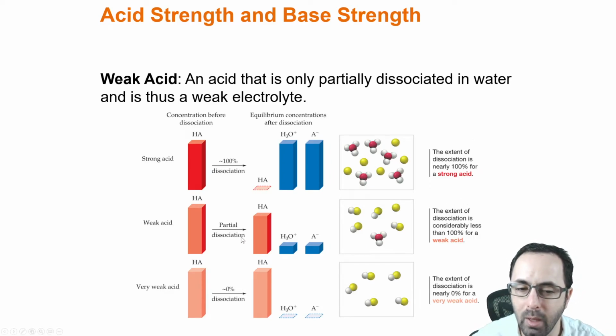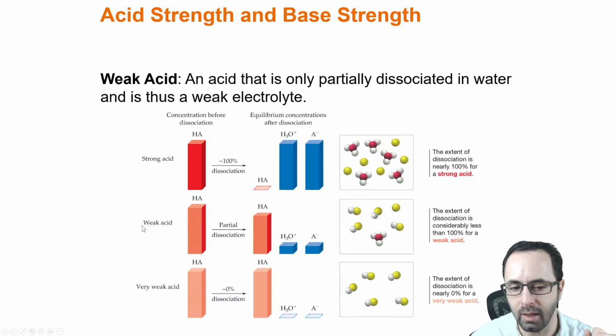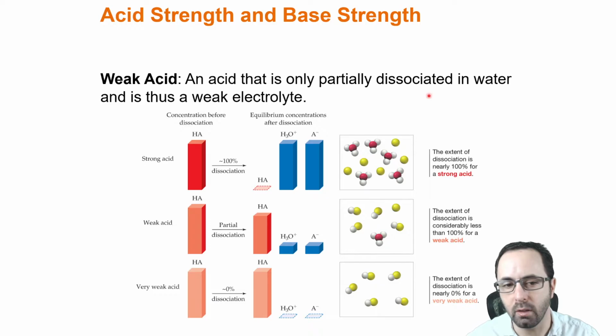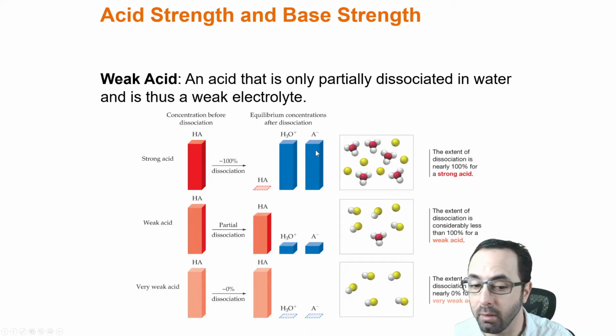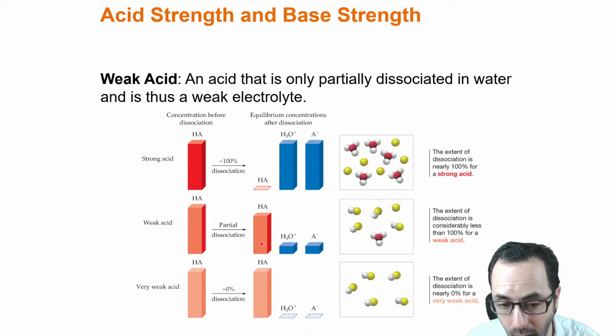But when it comes to weak acids, we call anything that doesn't 100% dissociate a weak acid, but they are not all equally weak. A weak acid is any acid that only partially dissociates in water, but some dissociate more than others. So for a weak acid, it may partially dissociate, and there'll be a lot of the H plus still attached to the A minus, but some of it will have separated.